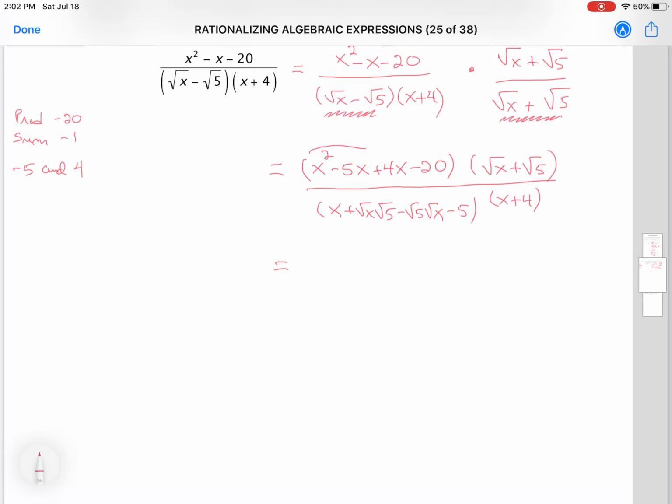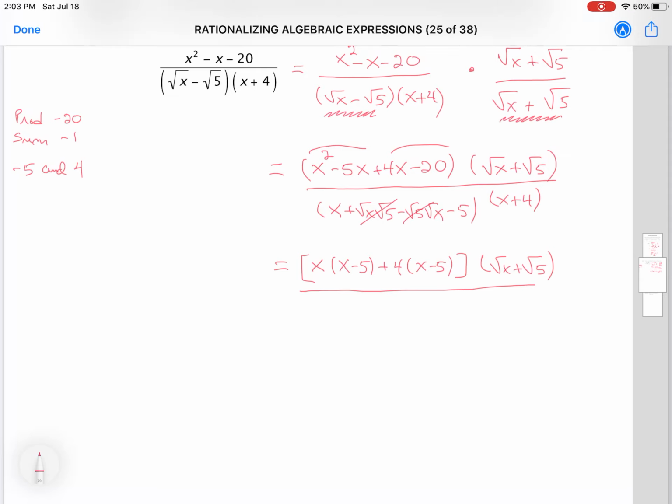Lovely, lovely, lovely. So here I'll try to finish factoring my trinomial by doing the double factoring here, taking out an x minus 5, taking out a 4, and x minus 5 again. So that's times root x plus root 5 all over.